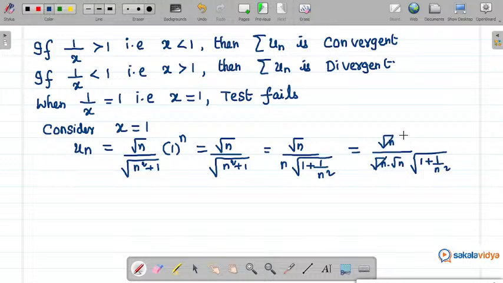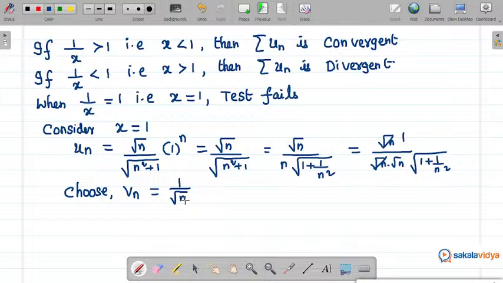This root n got cancelled. We have actually 1 by root n into root of 1 plus 1 by n square. Let us choose 1 by root n as auxiliary series, as Vn now. Choose Vn equals to 1 upon root n.